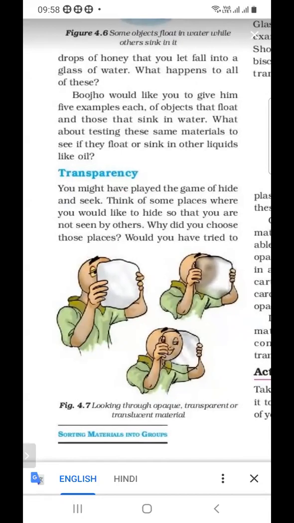And in the first figure we cannot see anything through this paper, so this is an opaque object.